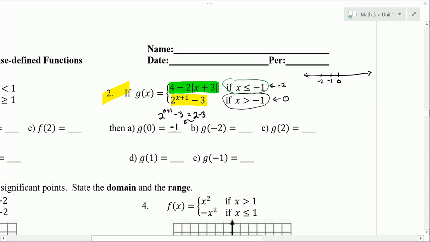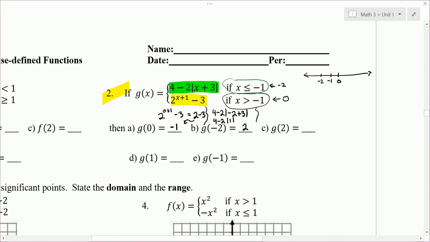And so we're going to plug in -2 into that top piece. When we do, we end up with 4 minus 2 times the absolute value of -2 plus 3, which is 4 minus 2 times the absolute value of 1, which just becomes 4 minus 2, which is 2.